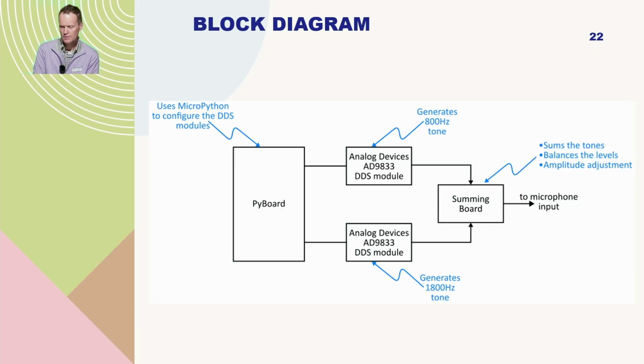Configuring those devices is a MicroPython Pi board, and then I've got a summing amplifier board at the output, and that's got three purposes. It sums the two signals together, it balances the levels so that they're equal, and it also does a final amplitude adjustment so I can hit that 16 millivolt target.